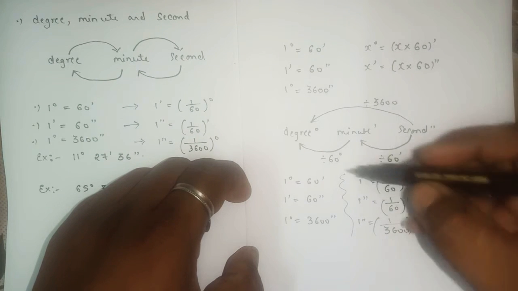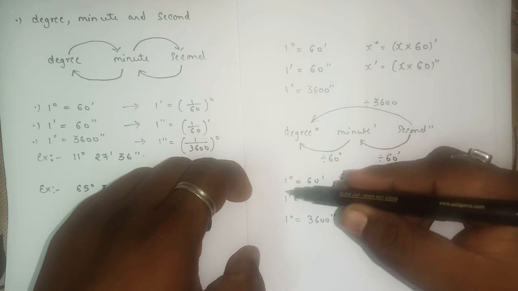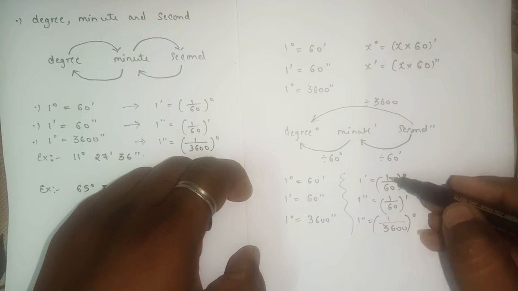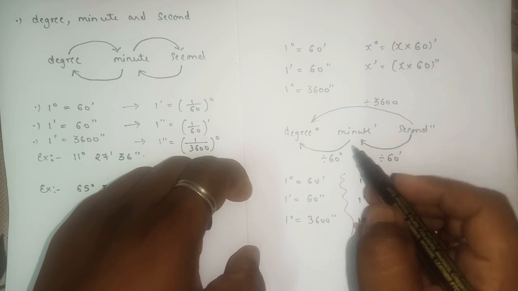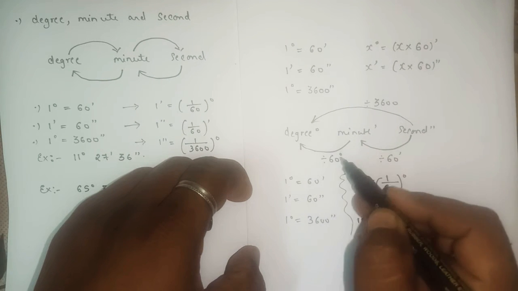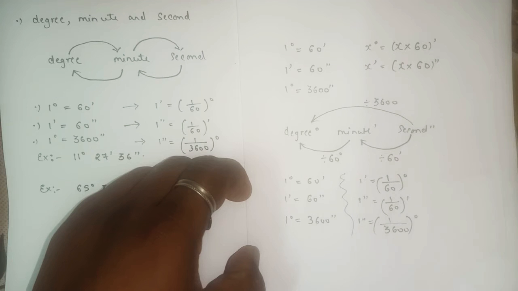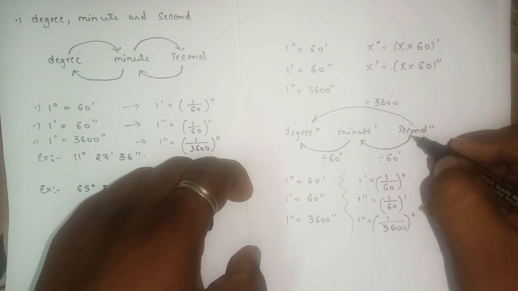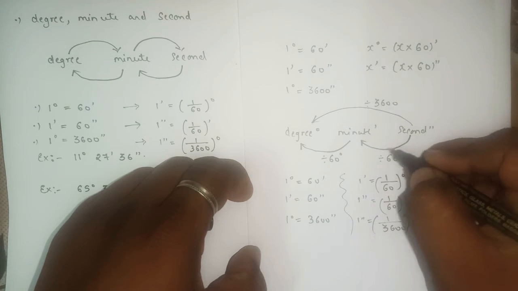In the same way, 1 minute, the 60 will go down. Yes or no? 1 minute will be 1 upon 60 degree. That means if you want to convert minute to degree, divide by 60. 1 minute is equal to 60 seconds, so 1 second will be equal to what? If you want to convert second into minute, again divide by 60.